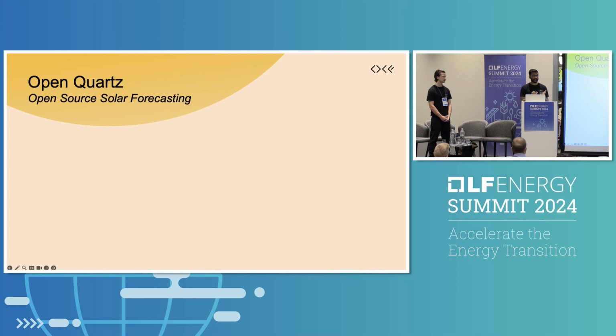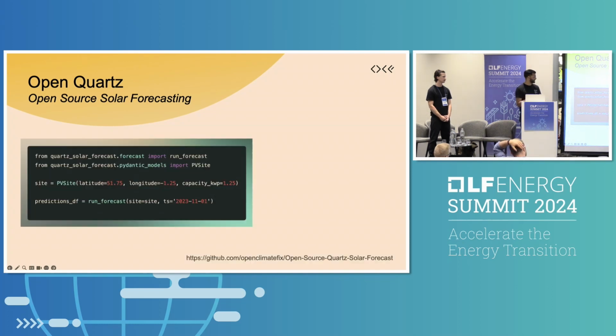So what does that actually look like? It's hopefully as simple as this. It's a Python library which you can download, install, and run in 4 lines of code. Essentially, all you need to provide is some optional metadata on the capacity of your panels at the site, and the site location in latitude and longitude.